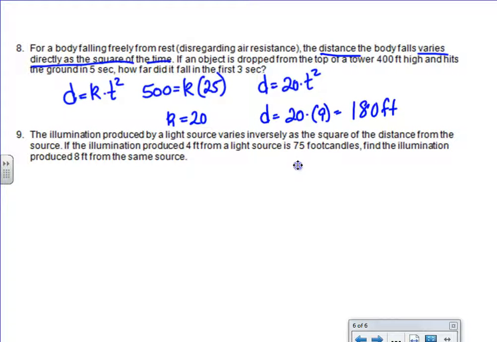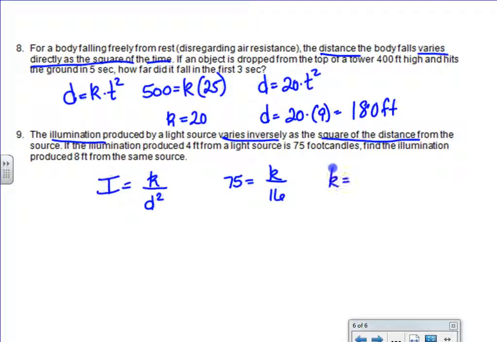Okay. And then the illumination produced by a light source varies inversely as the square of the distance from the source. So illumination varies inversely means k divided by the square of the distance. So the illumination 4 feet from a light source is 75 foot candles. So the illumination is 75. The distance is 4, so 4 squared is 16. And then, a little calculation here, that means 1200 is my k.